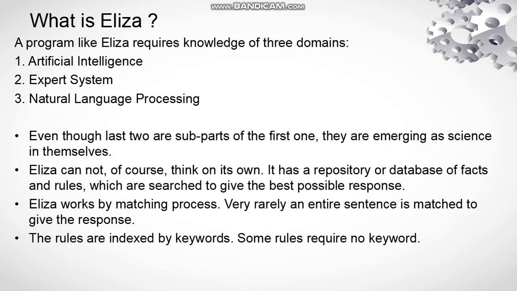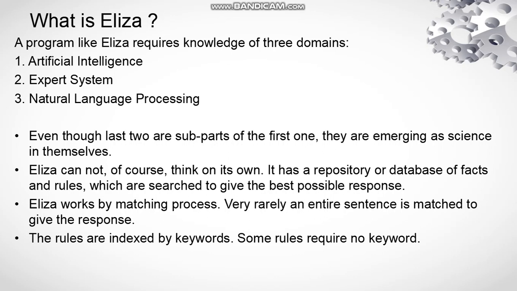In the Eliza program we cannot say that it was an intelligent program, but it was good at pattern matching, and based on some rules and some facts, it responded to humans in a very efficient manner. The rules, as I mentioned earlier, were indexed by keyword.